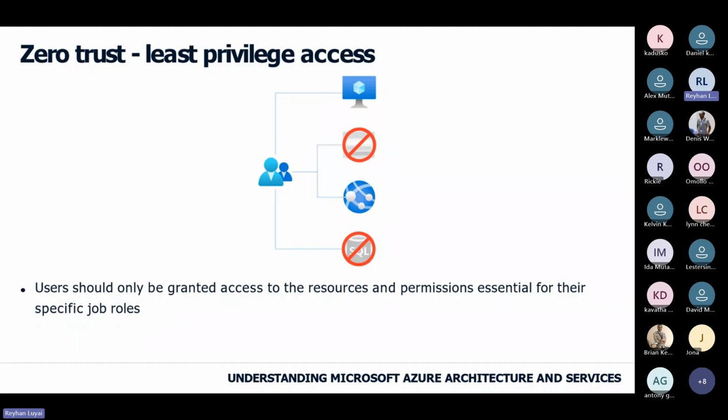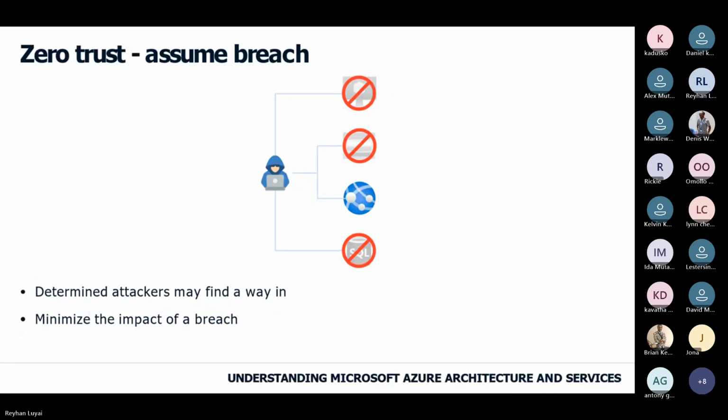Simply put, users should only be granted access to the resources and permissions essential for their specific job roles, avoiding unnecessary privileges. Number three is the assume breach principle. It acknowledges that determined attackers may find a way in.